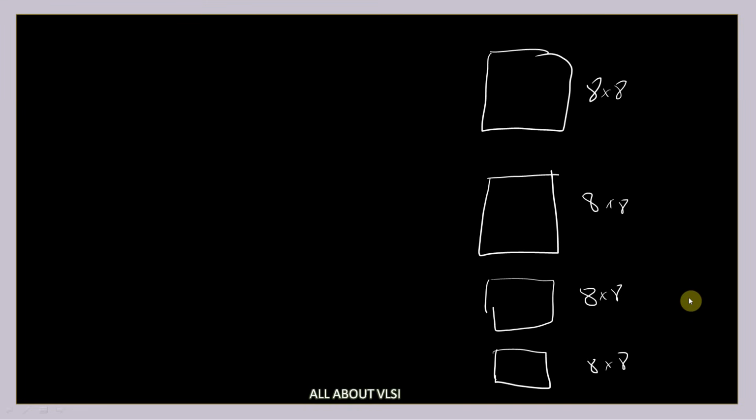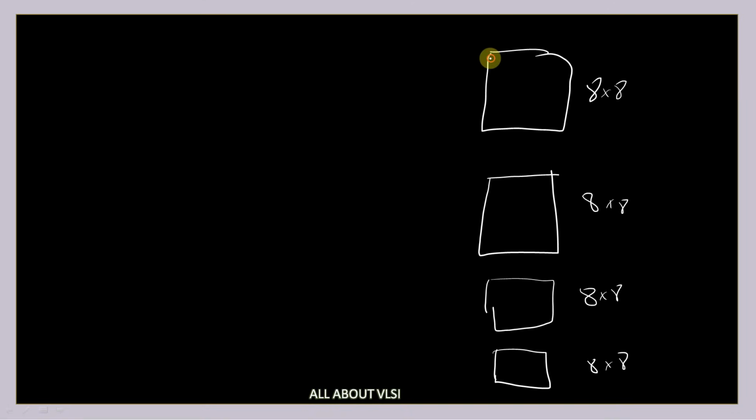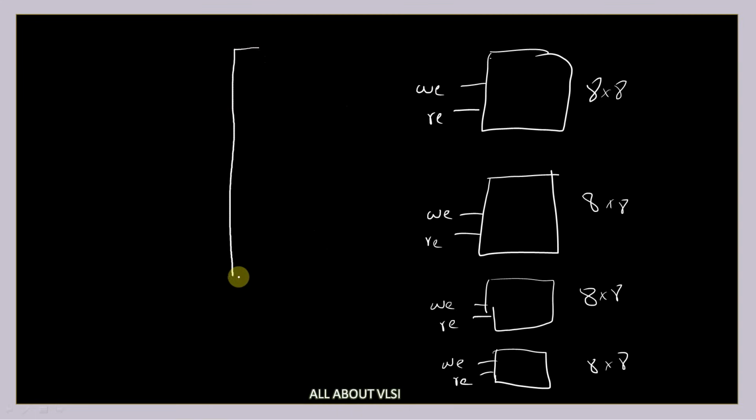And we are going to select each location. Each block is going to have a write enable and a read enable, write enable and read enable, and so on for each block. Now what we are going to do is have a simple decoder circuit.